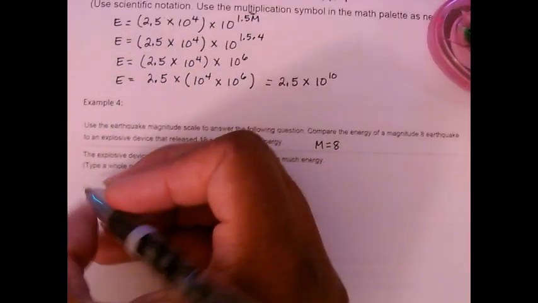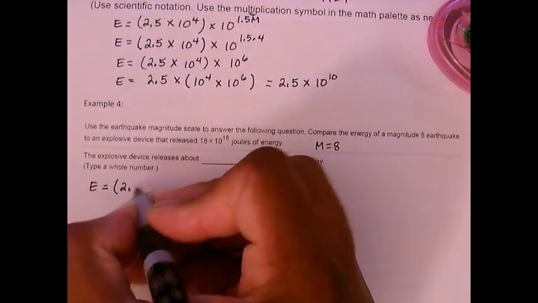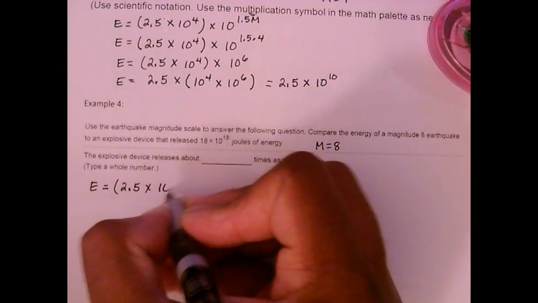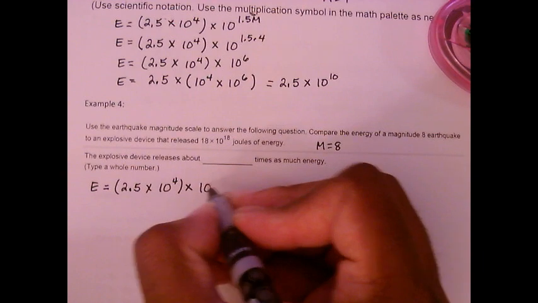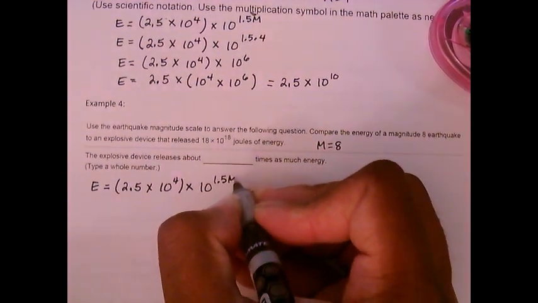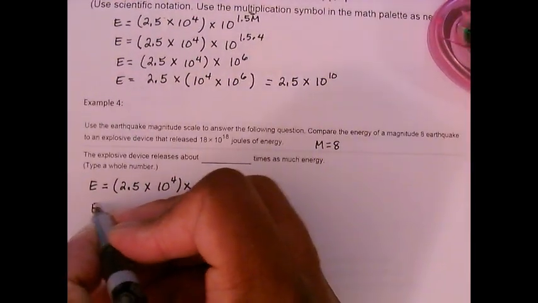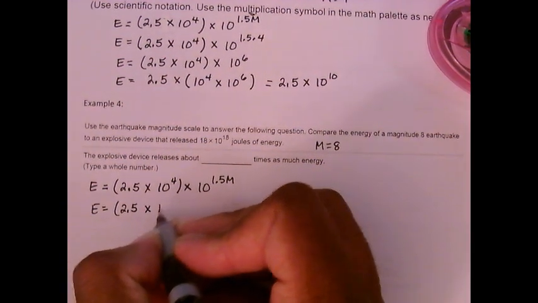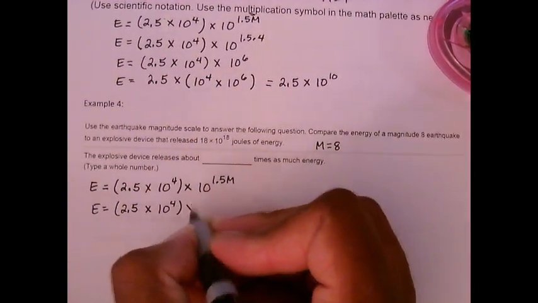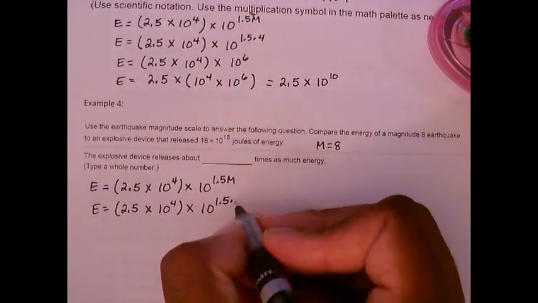And our formula is that E is equal to 2.5 times 10 to the 4th times 10 raised to the 1.5 M. And M in this case will be 8. So your E is going to be equal to 2.5 times 10 to the 4th times 10 to the 1.5 times 8.